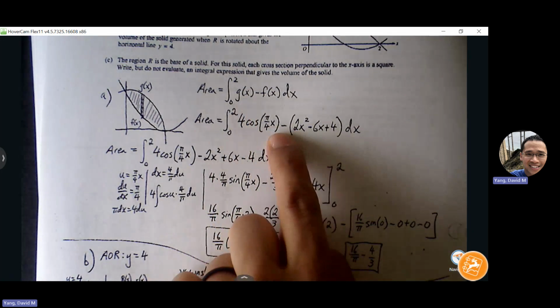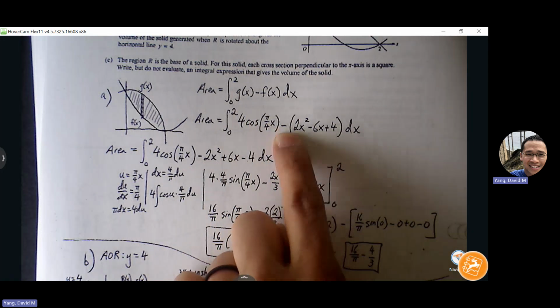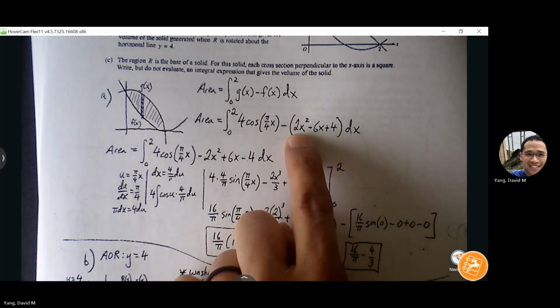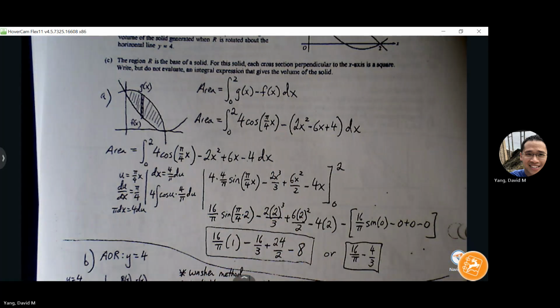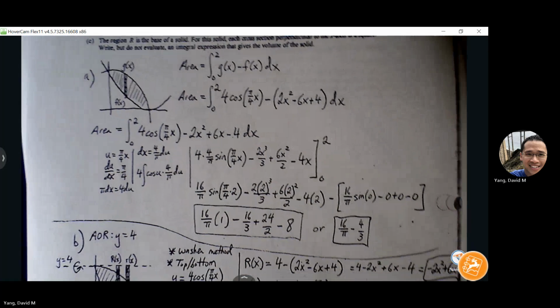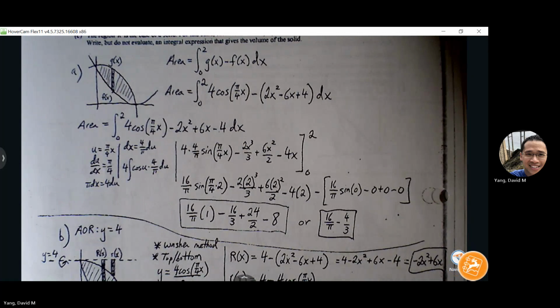That's important here. If you don't have that negative distributing through, that's going to throw off all your answer. Part B is washer method, and part C is cross section.